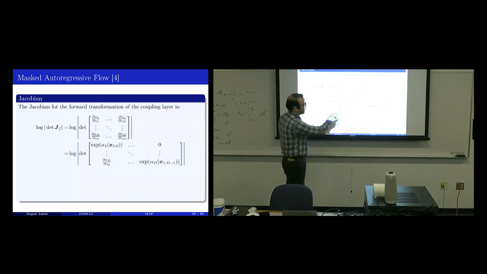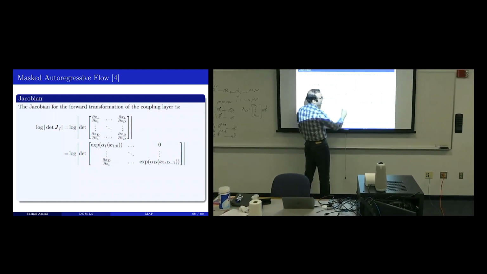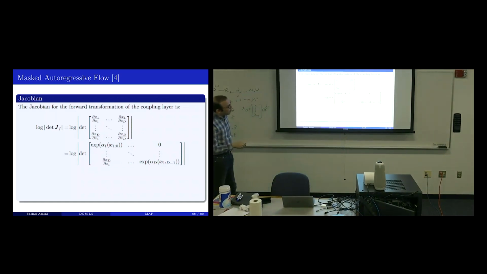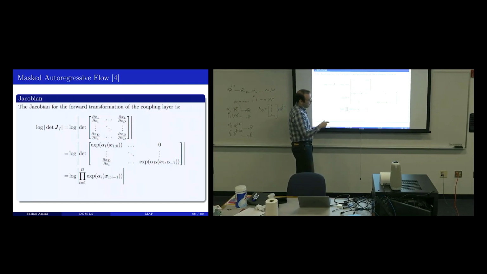I will update all of them and write here x less than 1. It is better notation. So we have on the diagonal elements exponent of alpha d of x less than d in the general case.